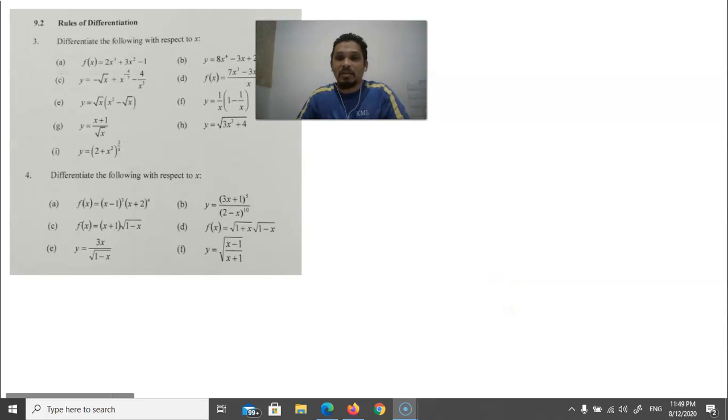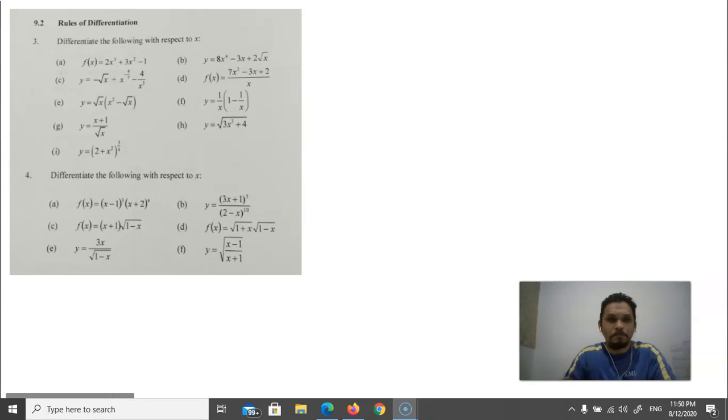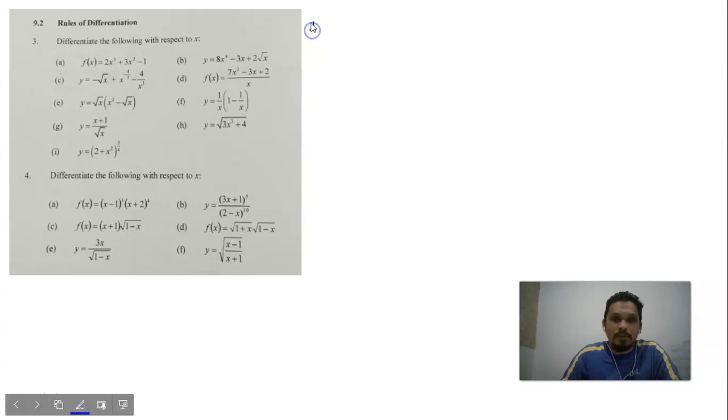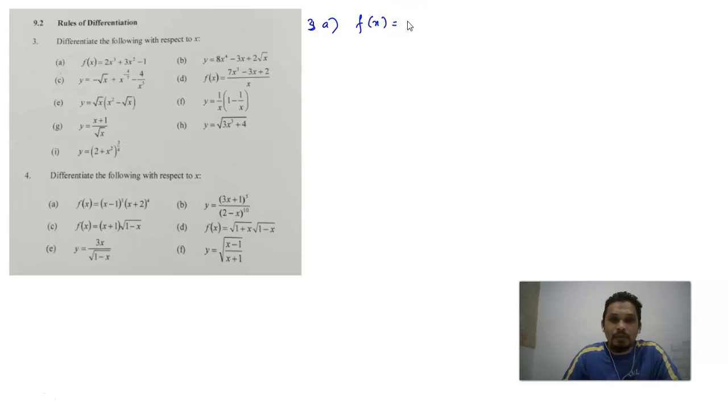Okay, let's take a look at this question now. Differentiate the following with respect to x. Question number 3a. f(x) equal to 2x cubed plus 3x squared minus 1.